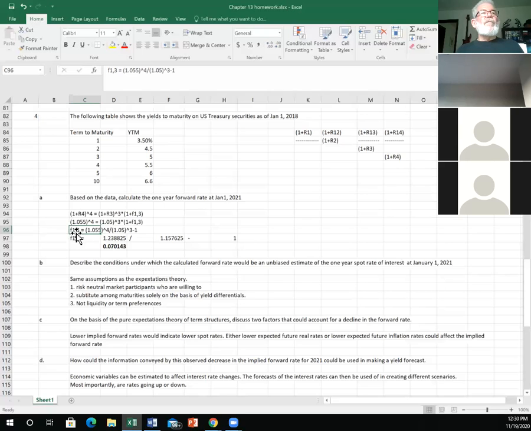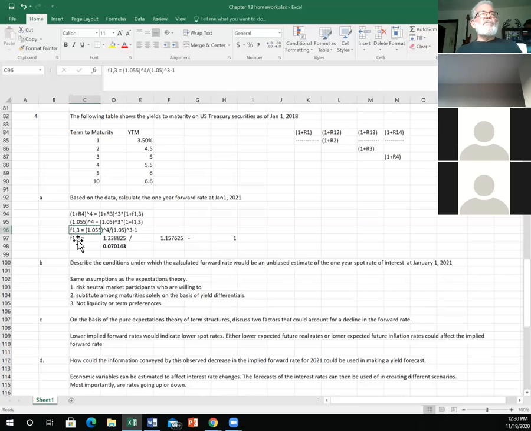So this interest rate is equal to 1.055 raised to the 4th divided by 1.05 raised to the 3rd. So we're just moving this over here and minus 1, and then we subtract 1 over here to get rid of that.